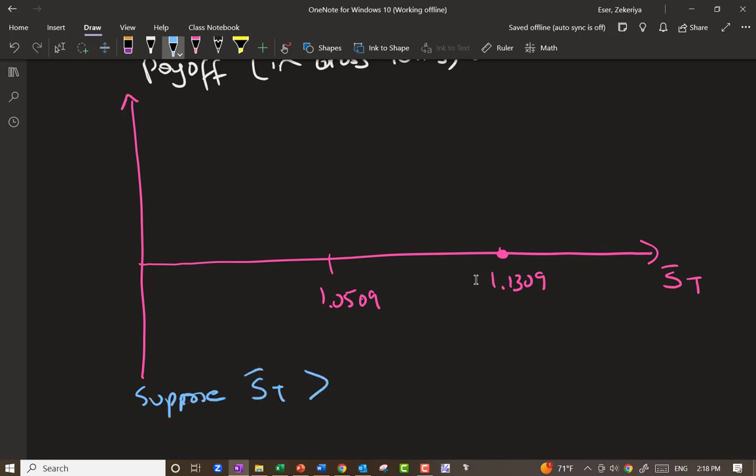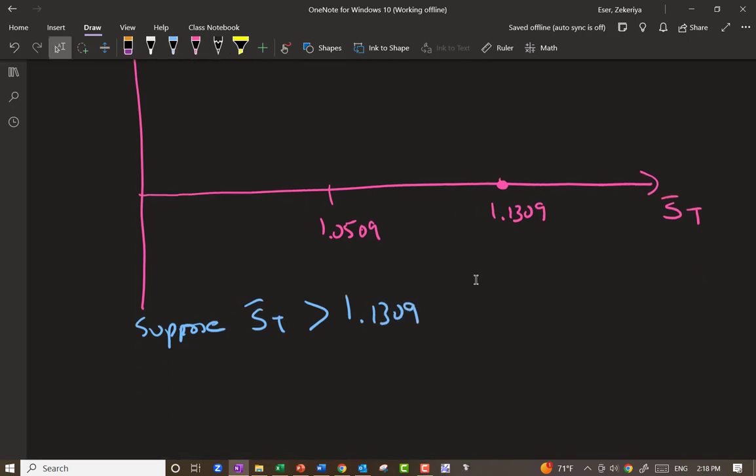Suppose S bar T was above 1.1309. So what's the payoff? If you own a 1.1309 put and the average exchange rate is actually above that, how much are you going to be paid?